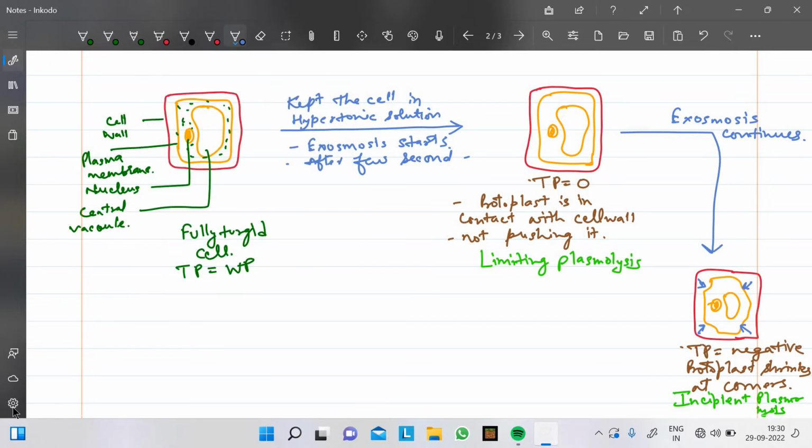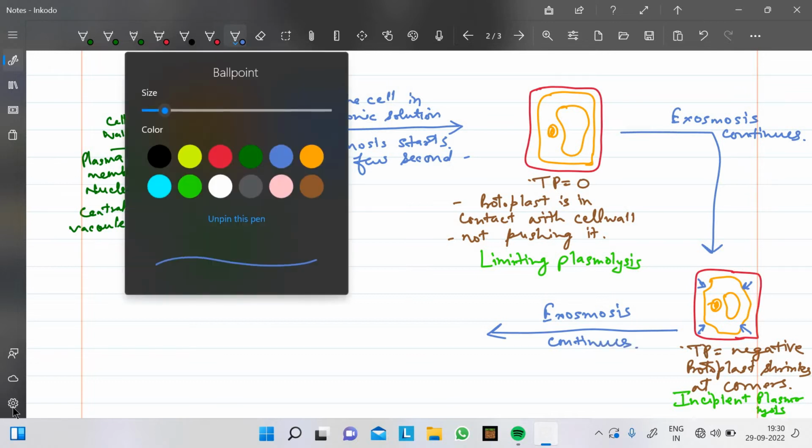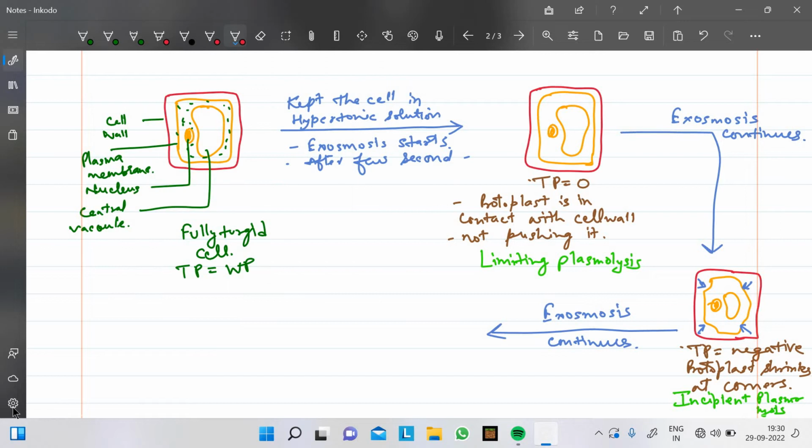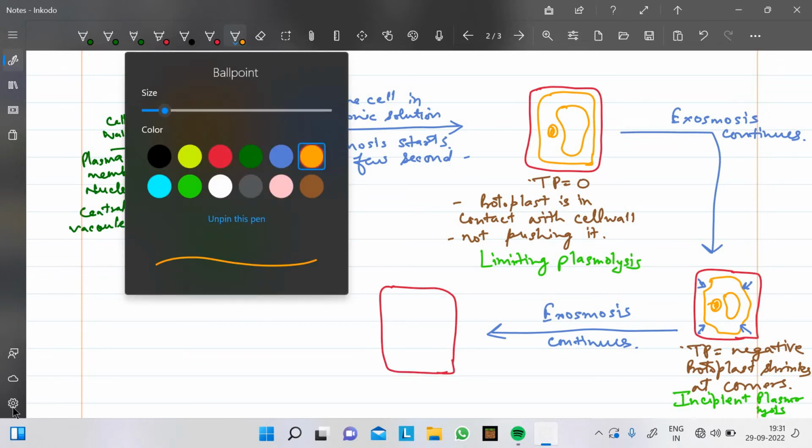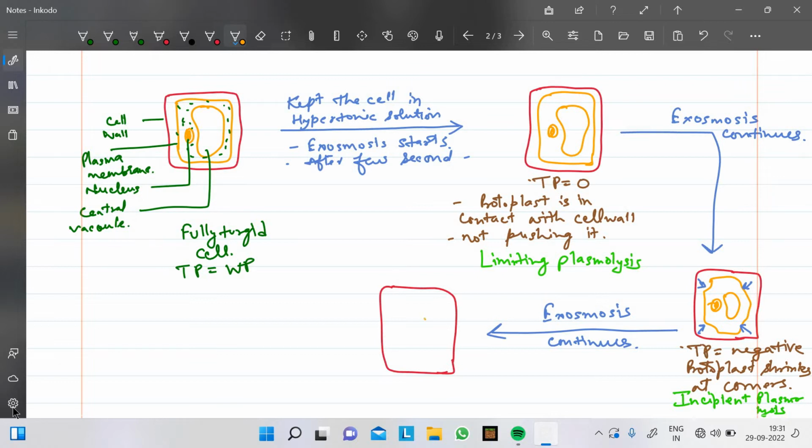Okay. Now again, the cell is in the hypertonic solution and exosmosis continues. What will happen to the cell? This is the cell wall. Now the protoplast shrinks and becomes rounded. This is the nucleus and the small central vacuole.